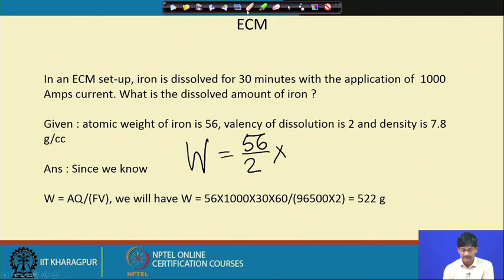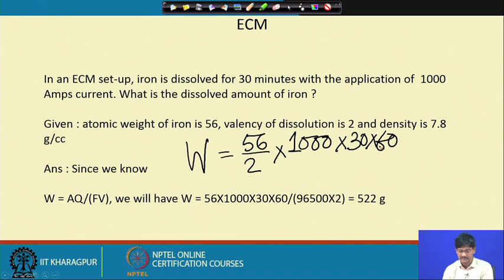So, we have multiplied by charge, which is current in amperes, 1000 amperes, into time, 30 minutes into 60, which gives us seconds. So, this is the total amount of charge in coulombs.